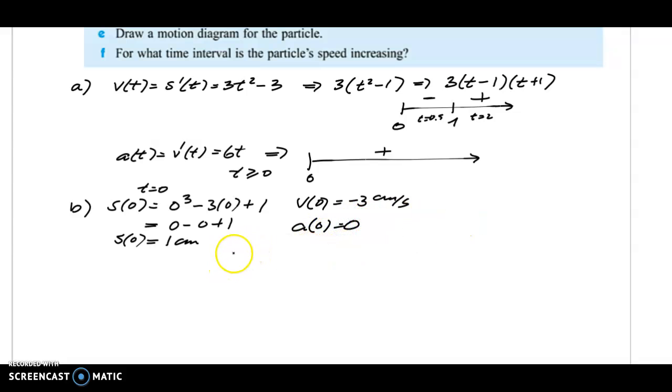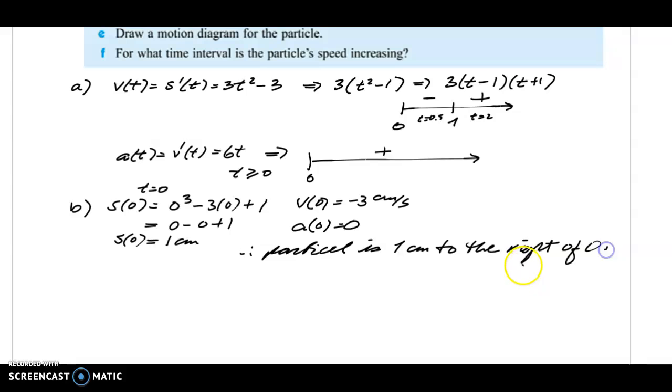So what do you see? Well, therefore, let's just describe. Particle is 1 centimeter to the right of origin, right? 1 centimeter to the right of origin. We'll draw the picture below.